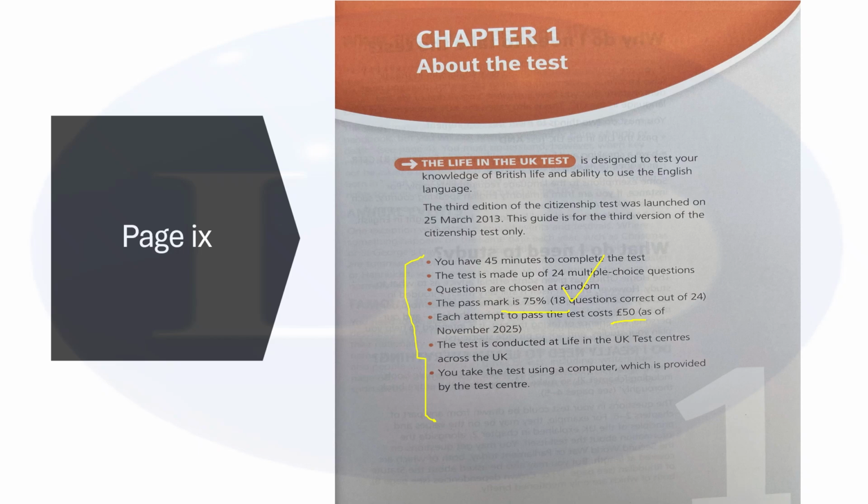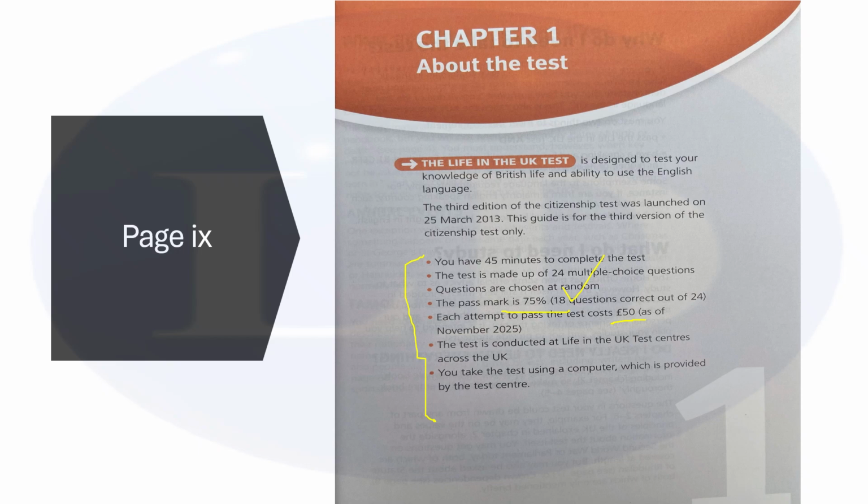I have made a separate video on how to book the test and an introduction to the Life in the UK test. If you go to my channel and click on the playlist, choose Life in the UK test, and you will see I have made a separate video on how to book your Life in the UK test. In that video I explain that when you put in your postcode and address, it will give you 5 to 6 centres, and out of those you can choose whichever test centre you want to go to.